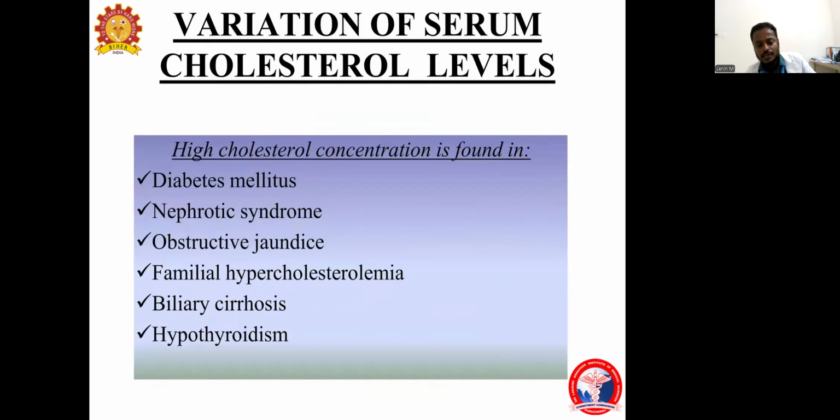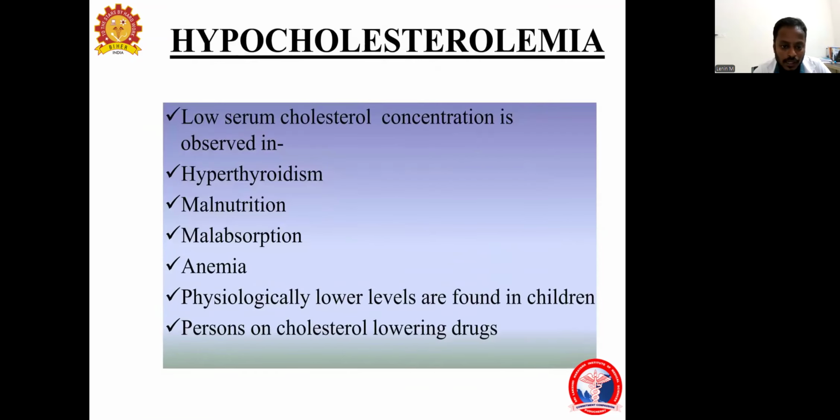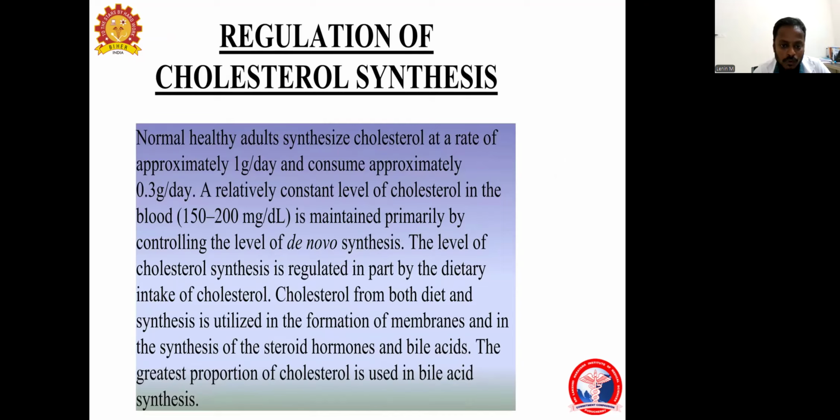And this is the regulation of cholesterol biosynthesis. Normally the rate of synthesis is approximately 1 gram per day and consumption is approximately 0.3 gram per day, with a relatively constant level of cholesterol in the blood, 150-200 mg per day. The level of cholesterol synthesis is regulated in part by the dietary intake of cholesterol.